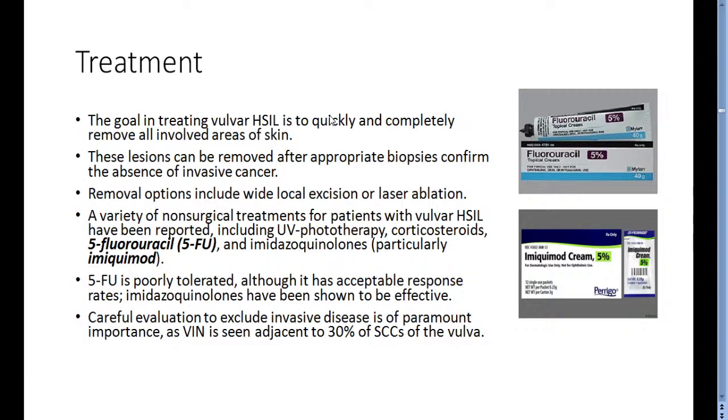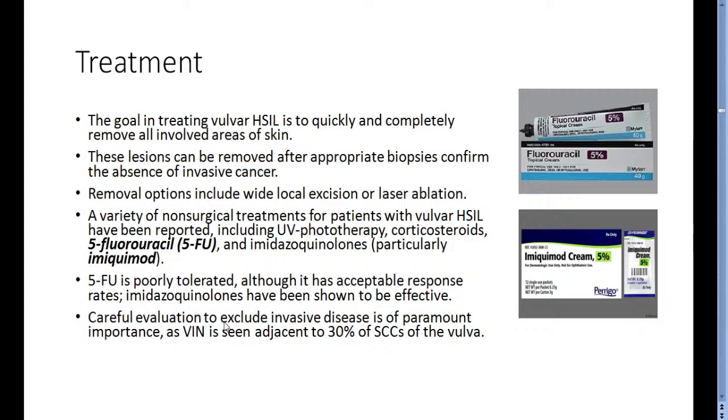You can see those preparations in the pictures. 5-FU is poorly tolerated by many patients, although it has an acceptable response rate, so a good cure rate, but many patients have many side effects. Imidazoquinolones, like imiquimod, have been shown to be effective and better tolerated by patients, applied locally on the skin.